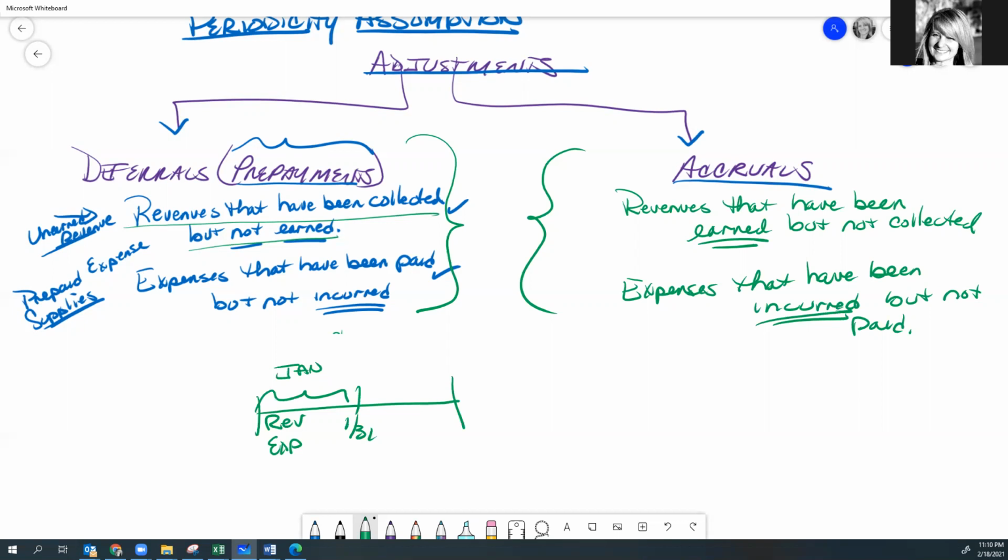So accruals allow us to recognize a revenue or an expense in the month that we've earned it, even though we didn't get paid. So let's just talk about a revenue that has been earned but not collected.